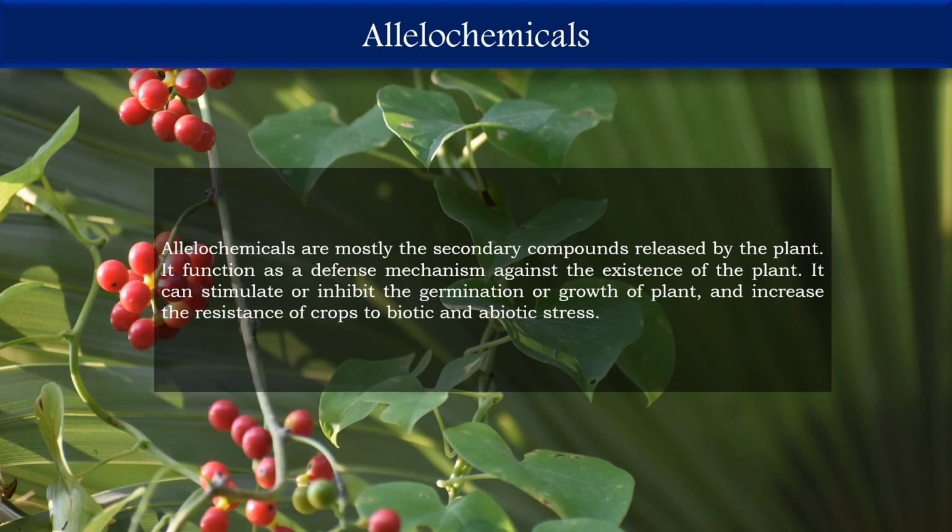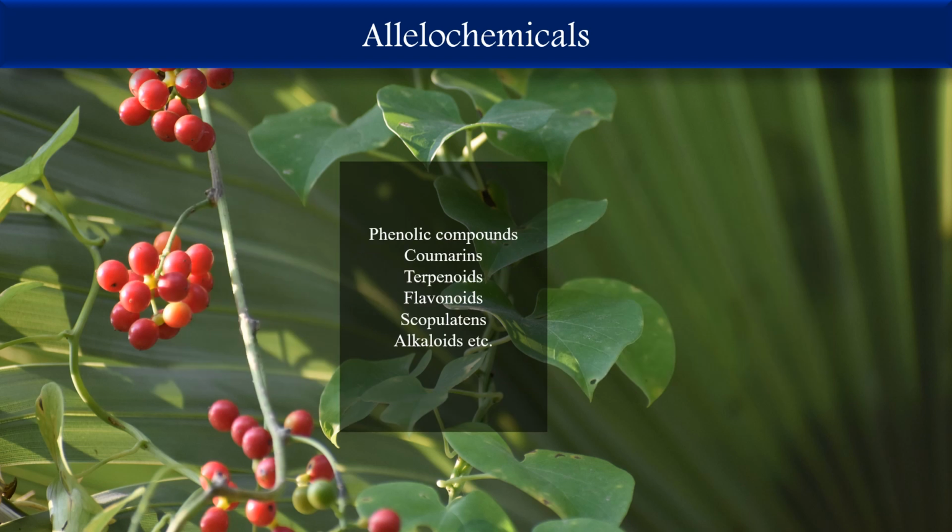As I told in my earlier slide, there are different types of allelochemical compounds, such as phenolic compounds, coumarins, terpenoids, flavonoids, alkaloids, scopoletin, etc. These compounds are not limited to some plant parts; they can be available anywhere in the plant, in flowers, stem, leaves or roots.